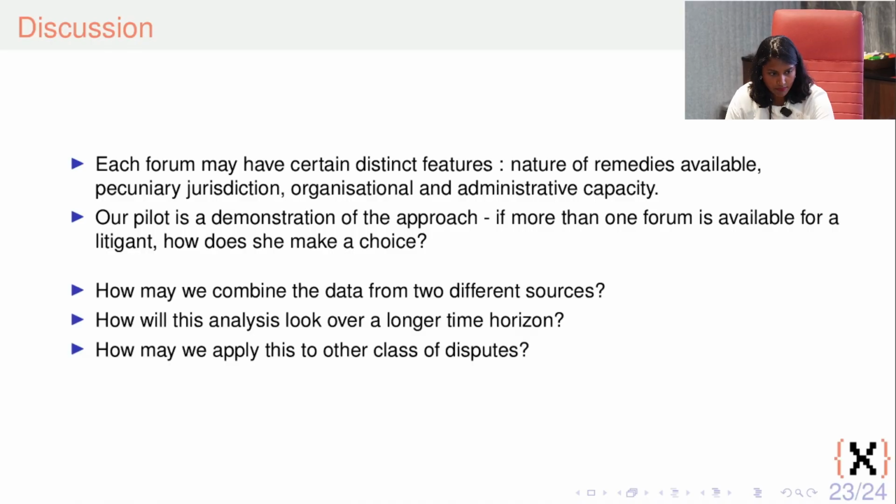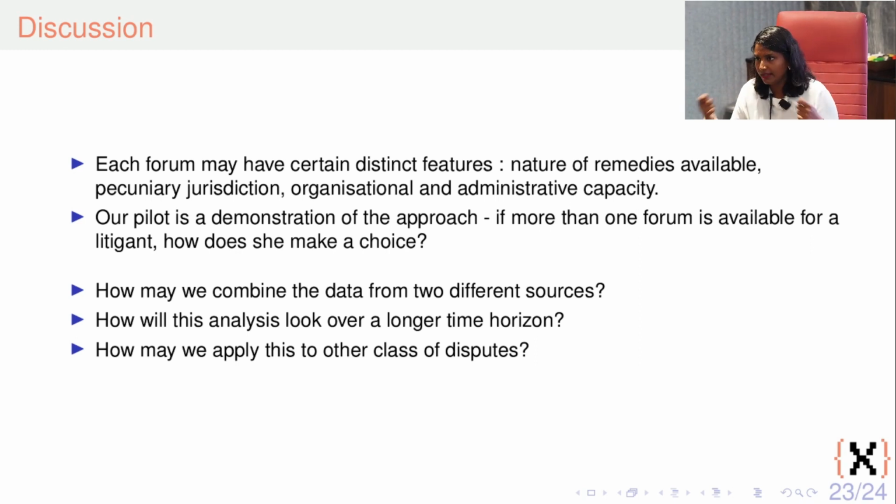But our pilot is a demonstration of the approach: if all other things are equal, and more than one forum is available for a litigant, how does he make the choice? These are some open questions that we have, and we would love to have your thoughts on. We have two different data sources on which we've deployed the framework.